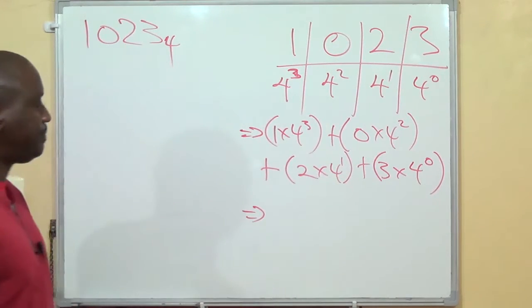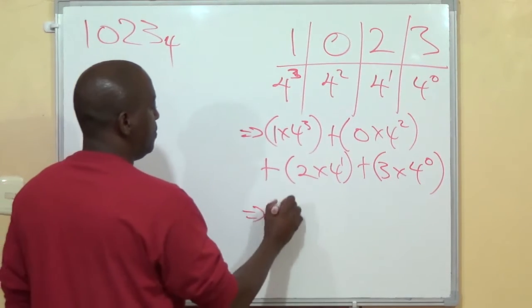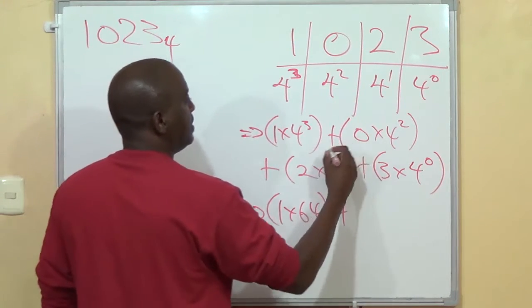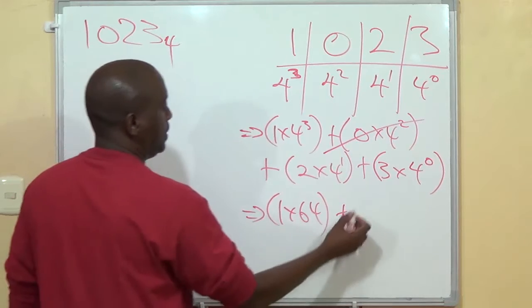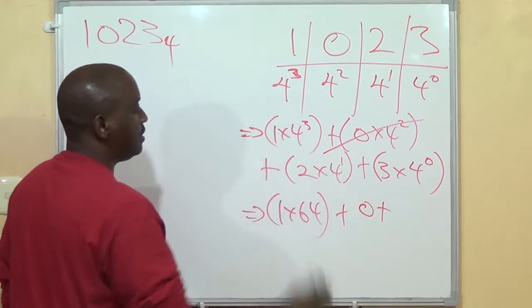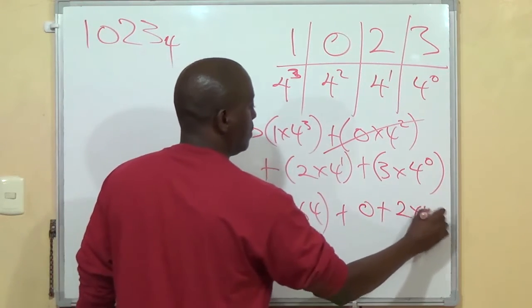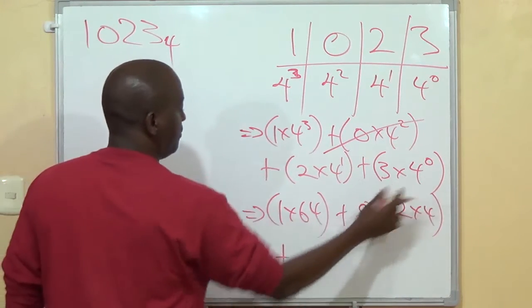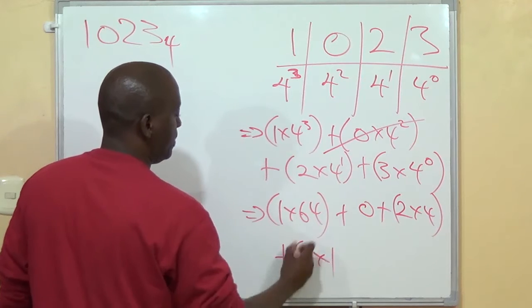And then we go in again. 1 by 4 to the power of 3 is 1 by 64 plus, well, let's just be 0. We could write the 0 just for emphasis if we want. 2 by 4 to the 1 is 2 by 4 plus 3 by 4 to the 0 is 3 multiplied by 1.